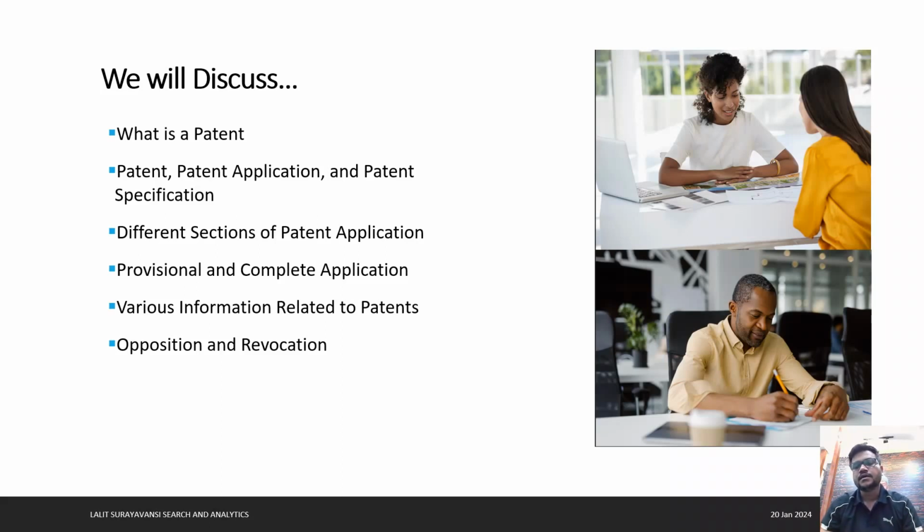So we will discuss patents, patent application, patent specification, different sections present in a patent application, what is a provisional application, what is a complete application, how you can file a patent application, how you can prepare a patent application, and various other information which happen in the course of when you file a patent application, and when the patent application becomes a patent, opposition, revocation, many other things.